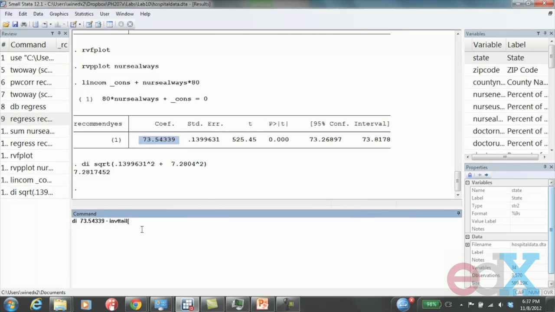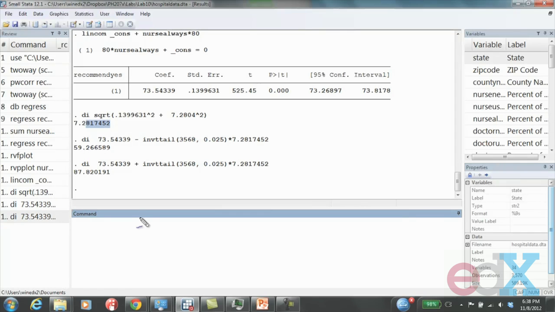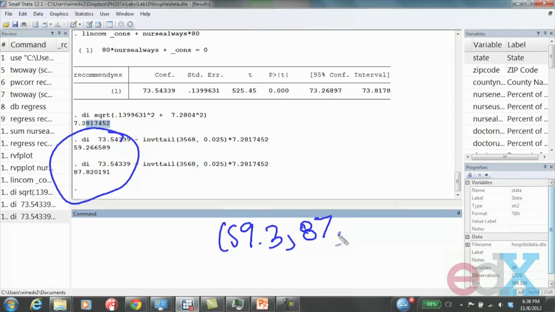To find the appropriate value of the t-distribution, remember we use the inverse t-tail command, 3568 degrees of freedom, and we want the 0.025 quantile because it's the inverse t-tail command, times 7.28. And I get the lower bound. If I change the minus to a plus, I get the upper bound. So I find that my predictive interval for this new hospital is now 59.2 or 59.3 to 87.8.